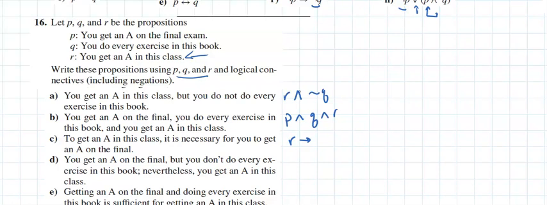Yep, it's necessary for you to get an A on the final to get an A in the class. So if R, then statement B. So those are written, you have to read it backwards.